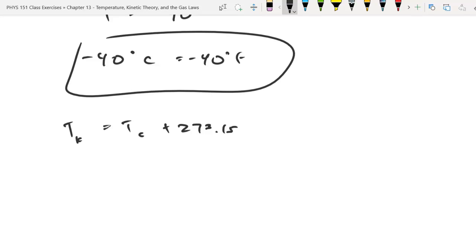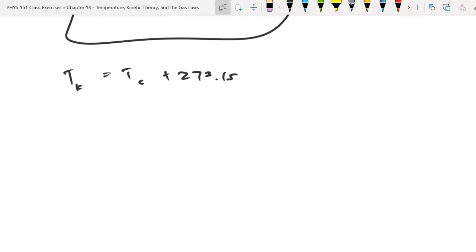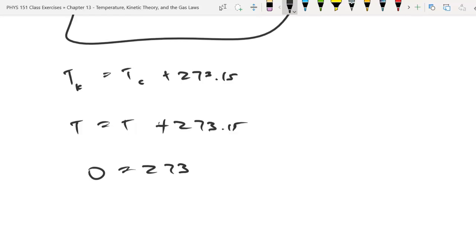If we try to set temperature Kelvin equal to temperature Celsius, so they both are T, we'd have T is equal to T plus 273.15. And if you subtract T from both sides, you'd have 0 is equal to 273.15, which is not possible, right?